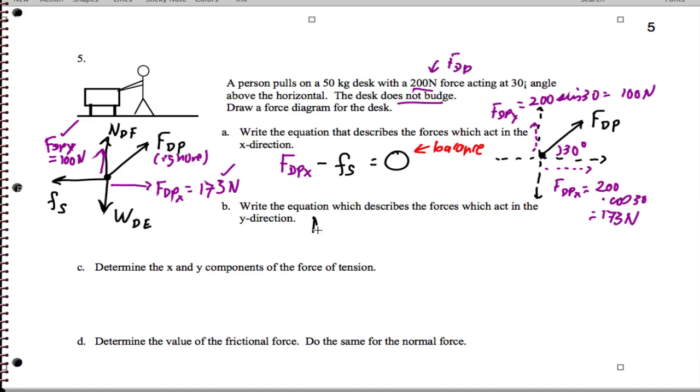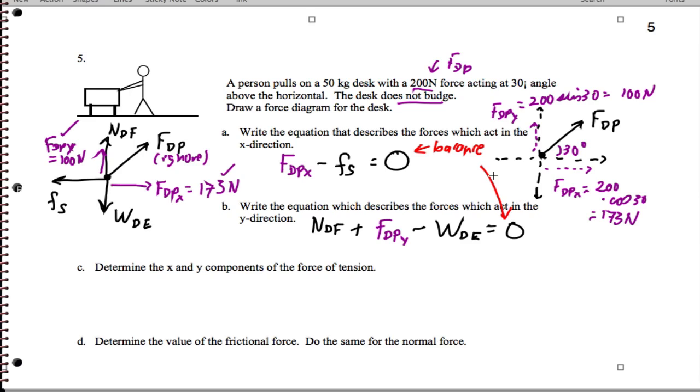I have the normal on the desk due to the floor, and I have the y component of the force on the desk due to the pulling. So I've taken care of those. Now, pointing downwards, I have weight, and it's actually all three of those forces that balance each other out. So again, this balances and that balances, like that.